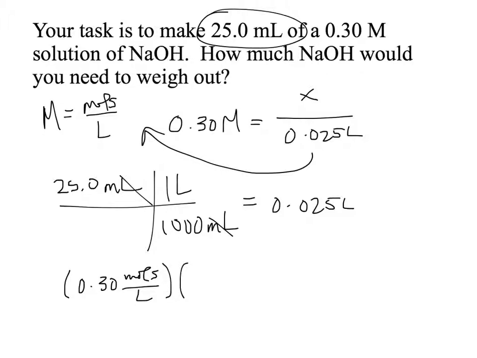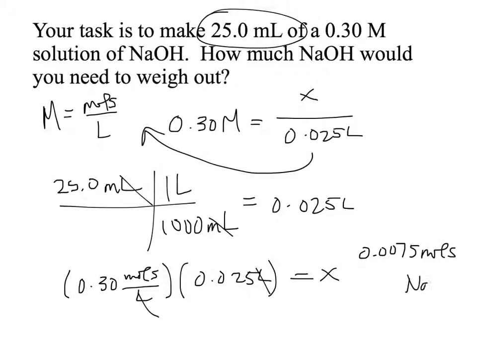And if I multiply this by 0.025 liters equals X, well, I have liters over liters. That's going to leave me with moles. So if I take 0.3 times 0.025, that's going to tell me that I have 0.0075 moles of sodium hydroxide.